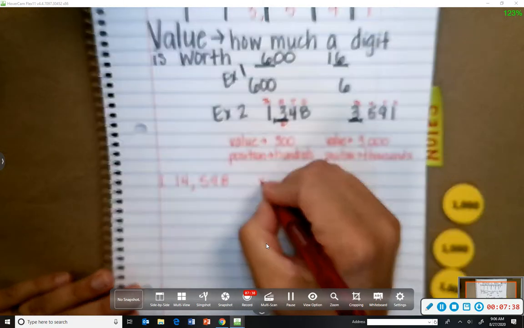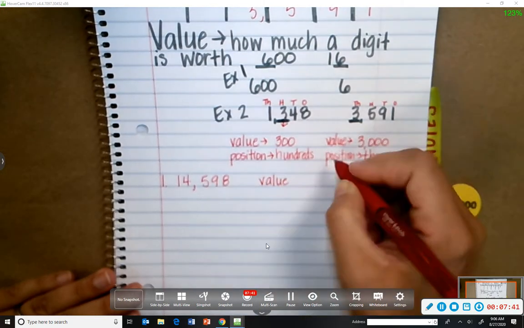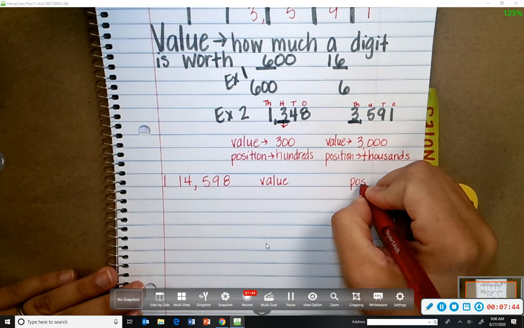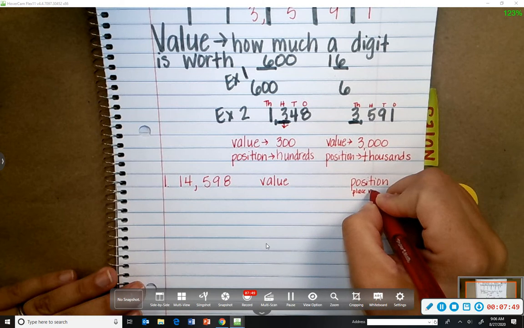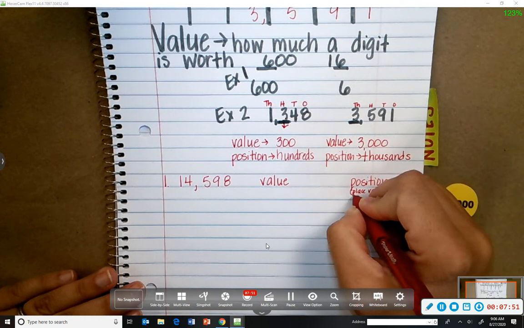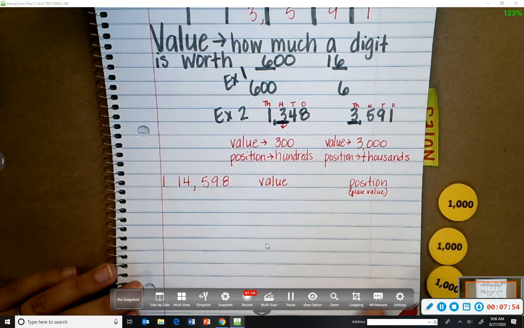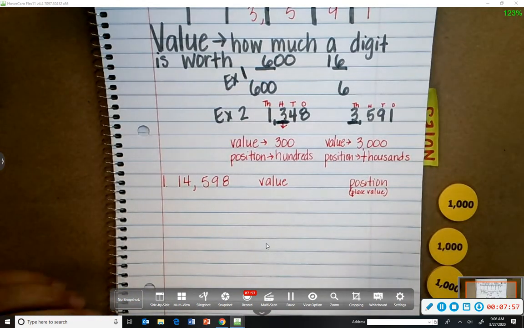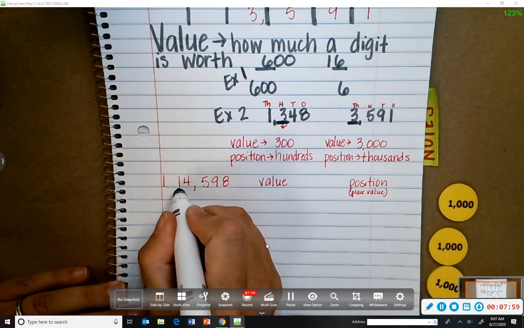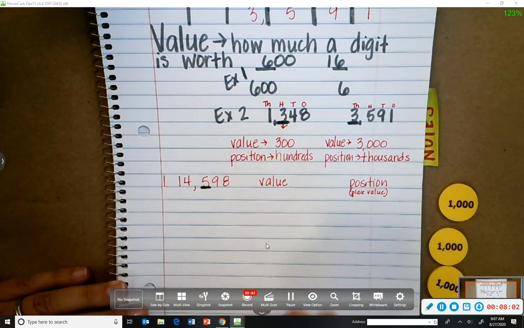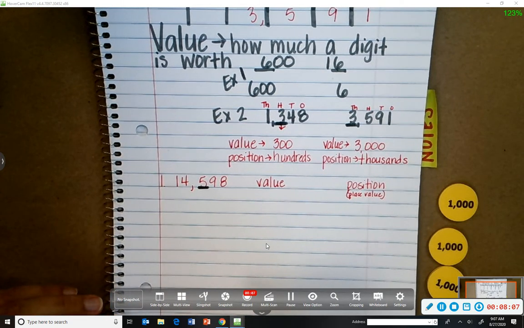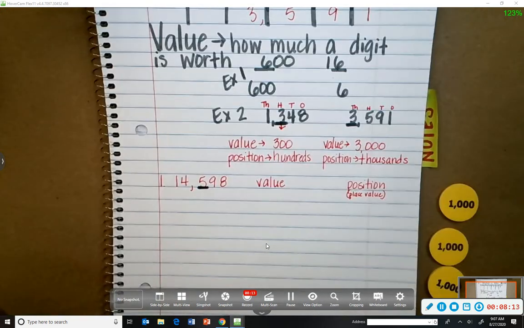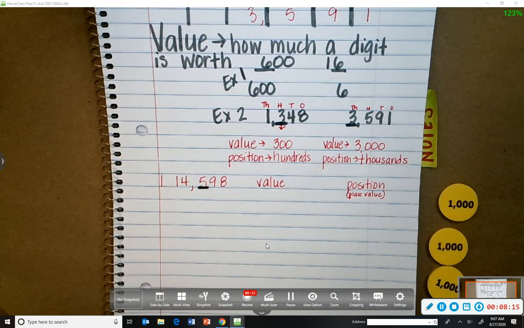So you need to tell me the value and the position. Remember, position is just another way of saying what place value is it in. Okay? And the digit I want you to find is, let's try the 5. Okay, so go ahead and pause, and I want you to try this one. And then when you unpause, you'll be able to see the answer. And hopefully you got it correct.